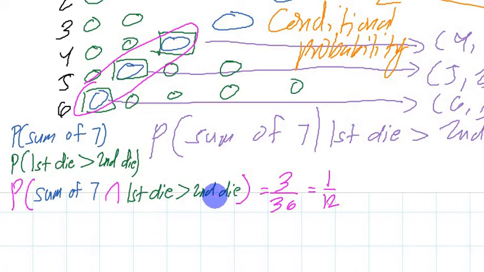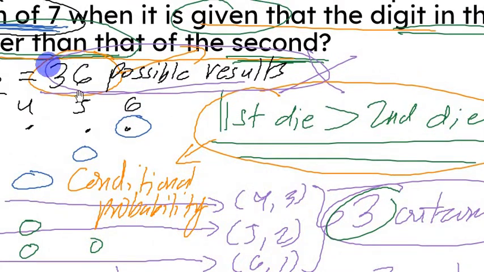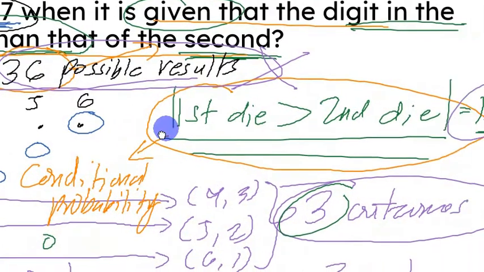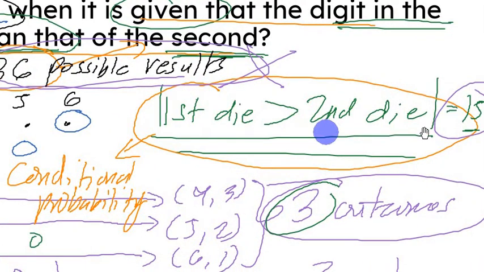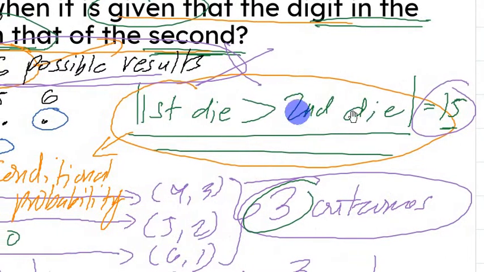Now, like what we mentioned, conditional probability is on the idea that we are limiting our original sample space to the sample space of the condition that happened before, which would mean this one here. The probability that the digit on the first die is greater than the digit on the second die.